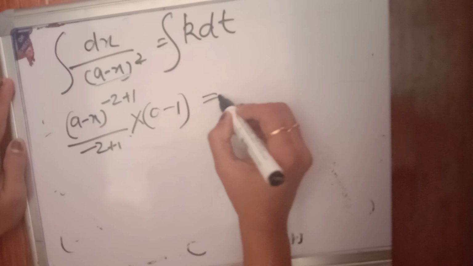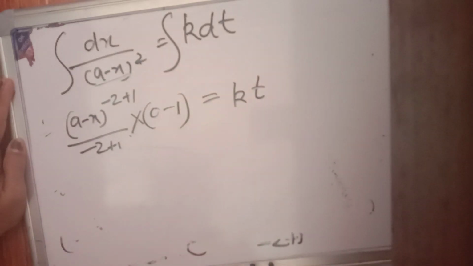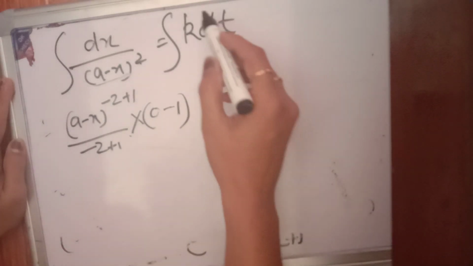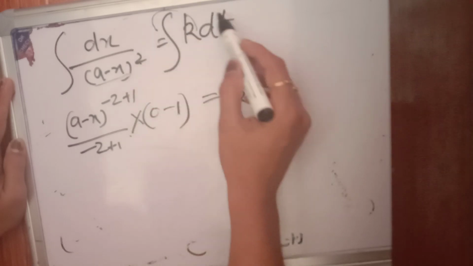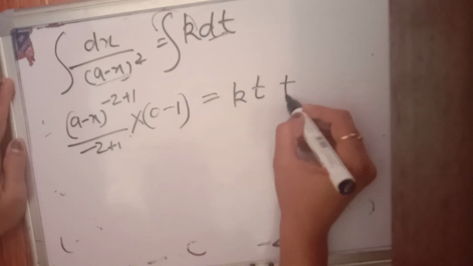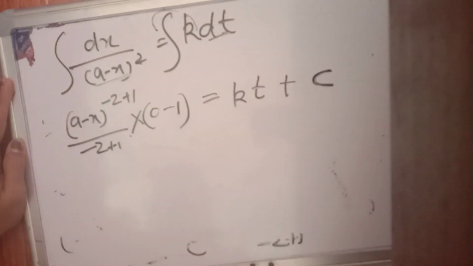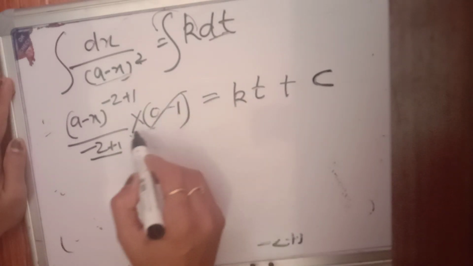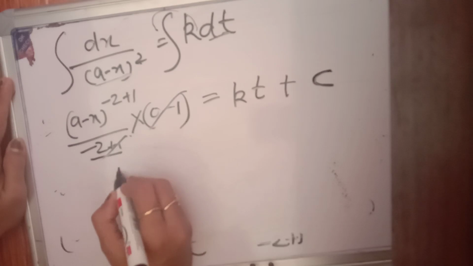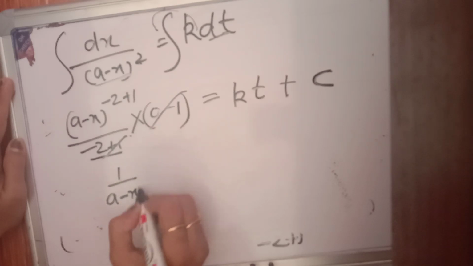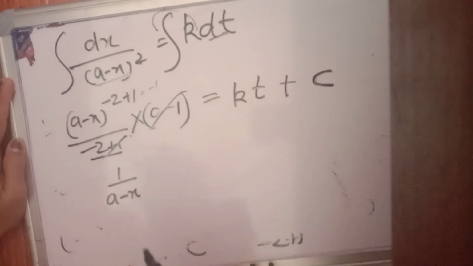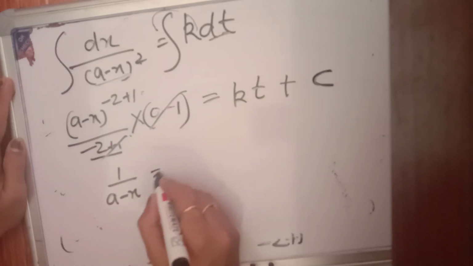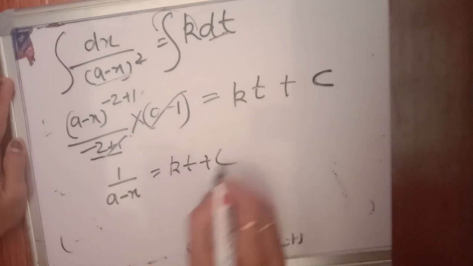On the right side it is simply kt, because k is constant, it will come out of the integration, and the integration of dt is t, plus a constant of integration. So on the left-hand side we get minus 1, these cancel out, so we get 1 upon a minus x, because the power is minus 1, is equal to kt plus C.